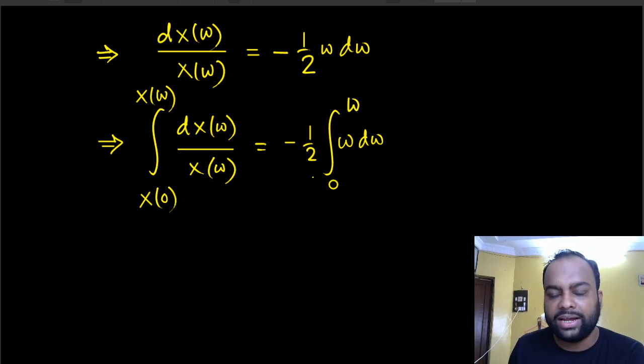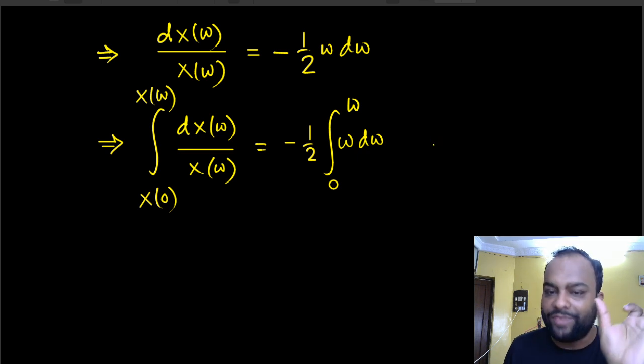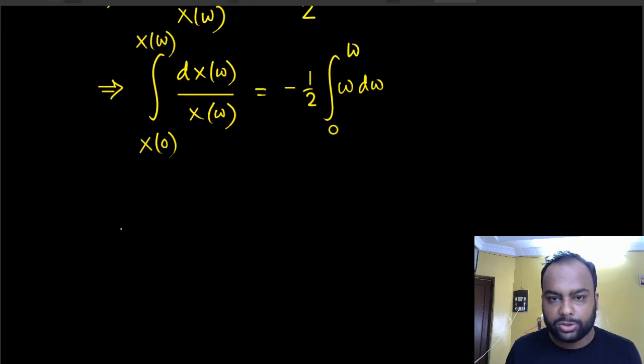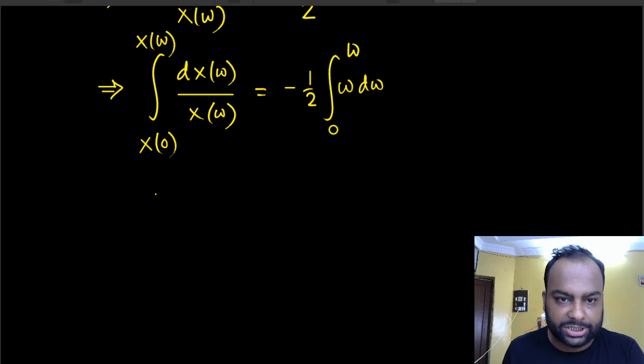We have done this definite integral to make sure that we don't have any constant of integration. If we did the indefinite integrals, then we would have a constant of integration, and we would have to calculate its value by utilizing the fact that when omega is equal to 0, the value of X(omega) is X(0). So equating the lower limits would yield the constant of integration, right?